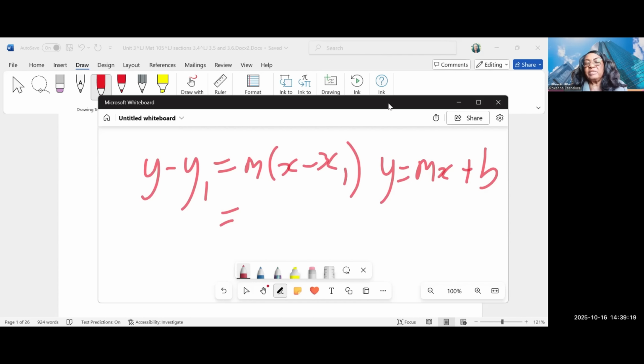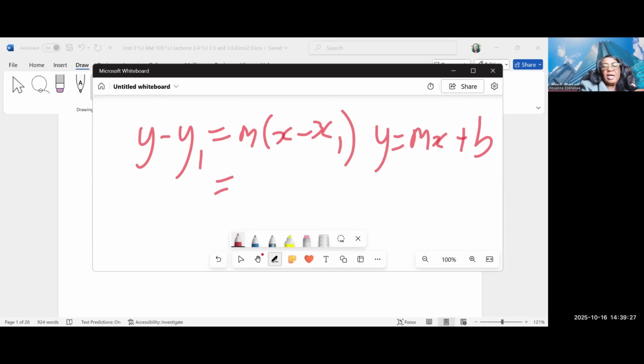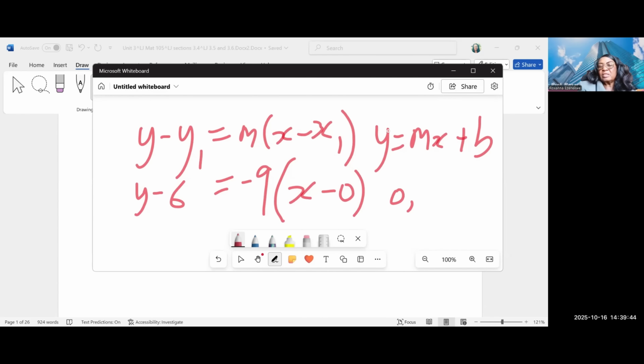The slope is negative 9. The point is 0, 6. Y minus 6 is equal to negative 9 times x minus 0. That's what we are given.